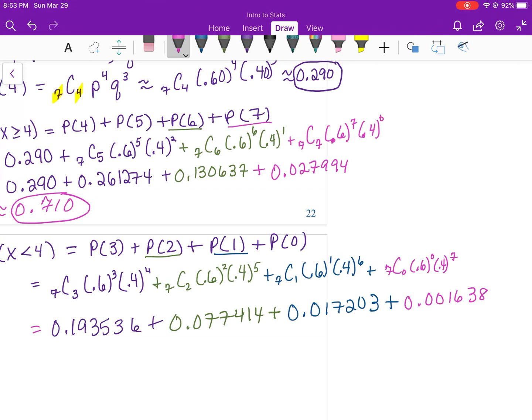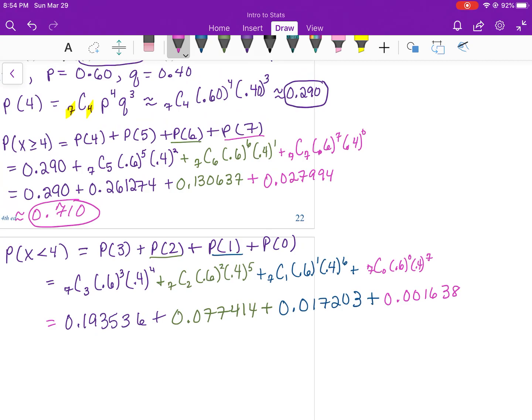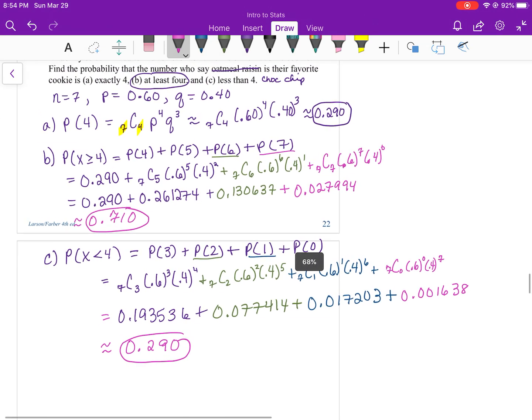Okay. So the probability of less than 4 people liking chocolate chip if 60% of the population enjoys chocolate chip cookies is roughly 0.2897, so 0.290.